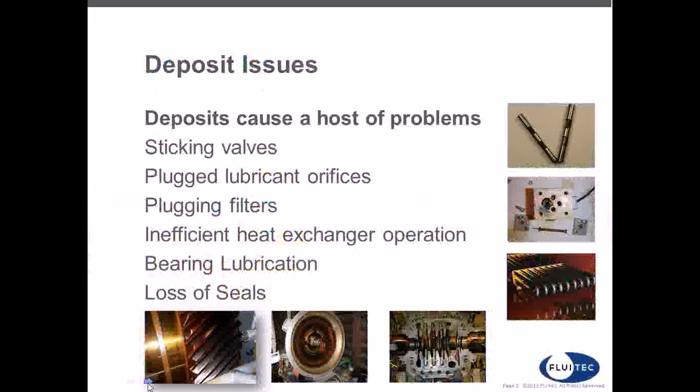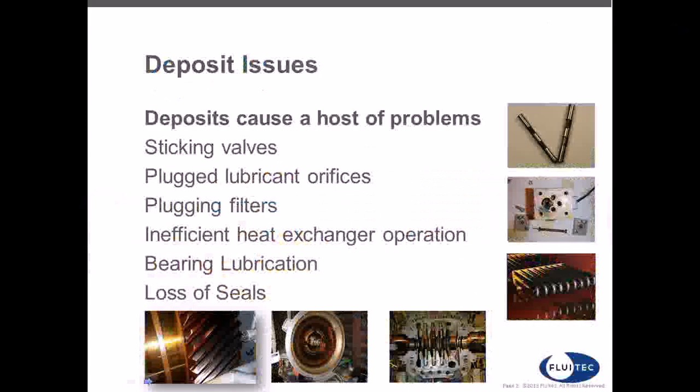We may actually go from a full film supporting the bearing to maybe a mixed film, and in some cases we've seen metal-to-metal contact. We've also seen seals failing as a result of deposits. So deposits can cause all sorts of problems.